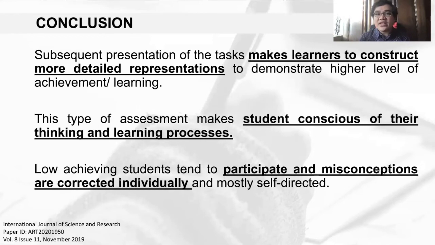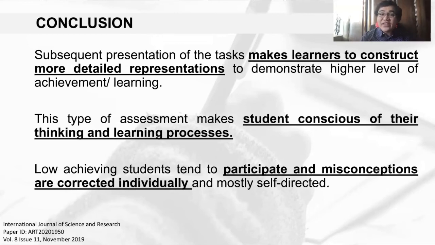Subsequently, the representational task makes learners produce more detailed representations to demonstrate a higher level of achievement. This type of assessment also makes students conscious of their thinking and learning process. And low achieving students tend to participate, and misconceptions are corrected individually and mostly self-directed.